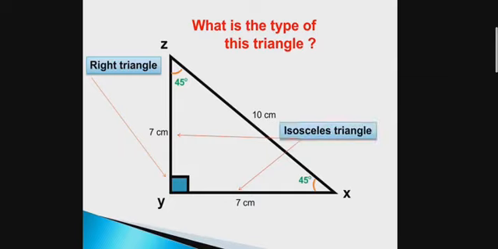So it's an isosceles triangle. I want you to notice the measure of the other two acute angles. Angle Z and angle X are equal to 45 degrees. Any isosceles triangle has two equal sides and also two equal angles.